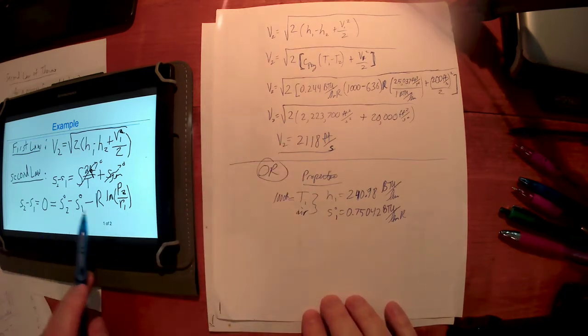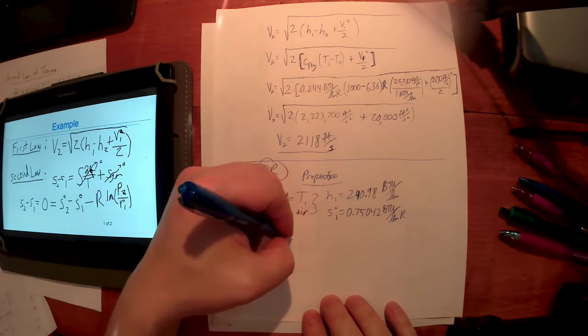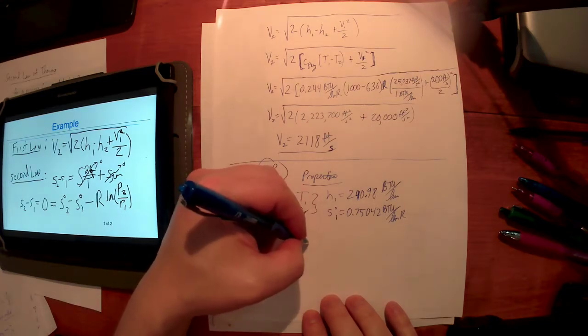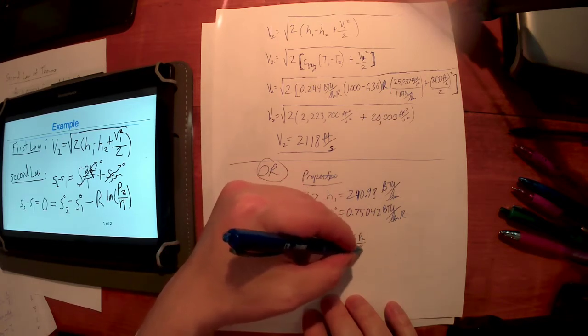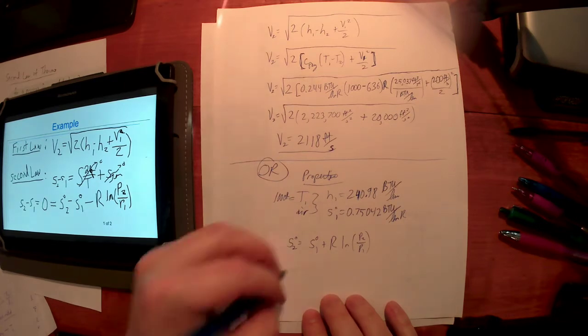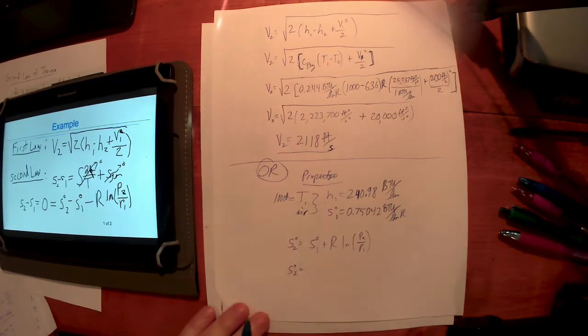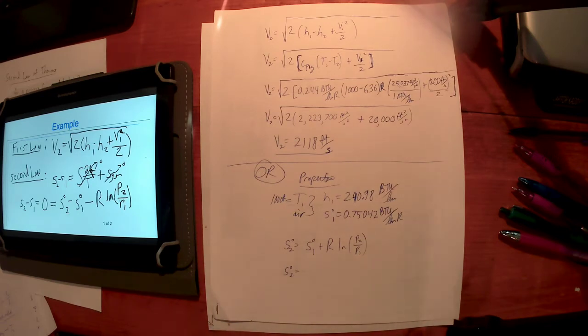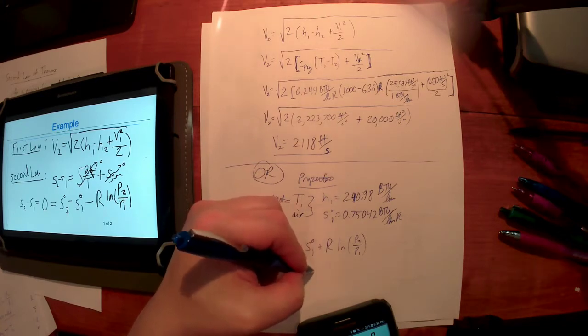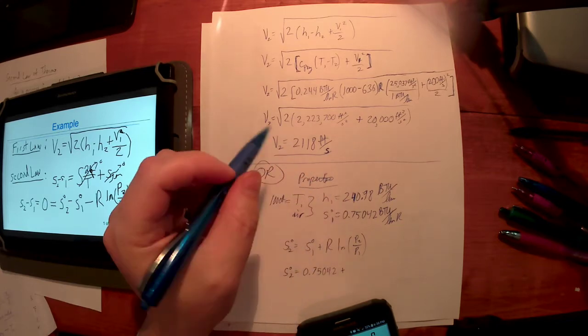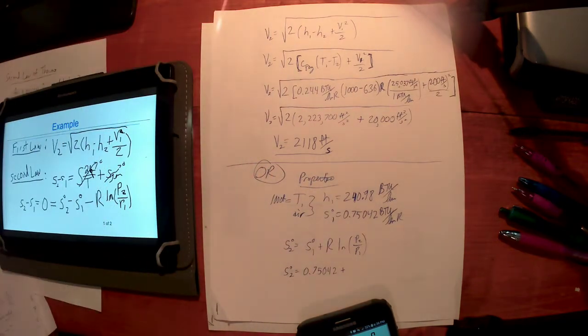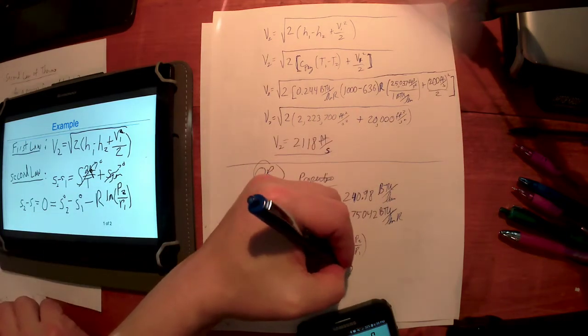Well, remember this expression right here. We're going to say that s degree 2 is equal to s degree 1 plus R ln ratio of pressures P2 over P1. So that tells us then that s degree 2, based on our numbers here, is 0.75042 plus, we had an R value back over here, R value of, we can go look that up, that is 0.06855.